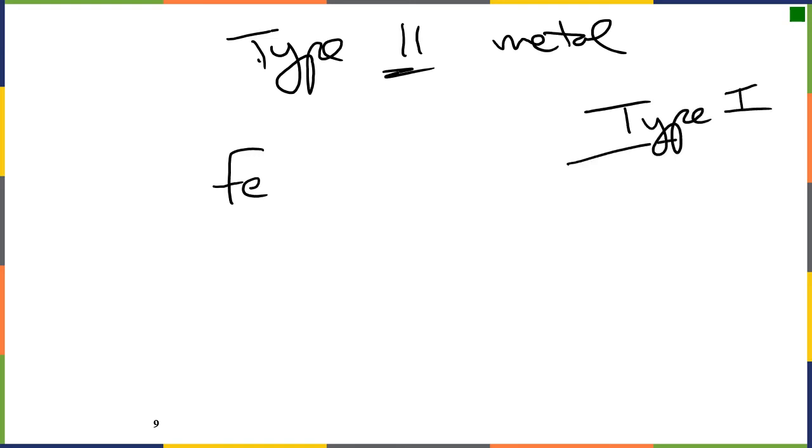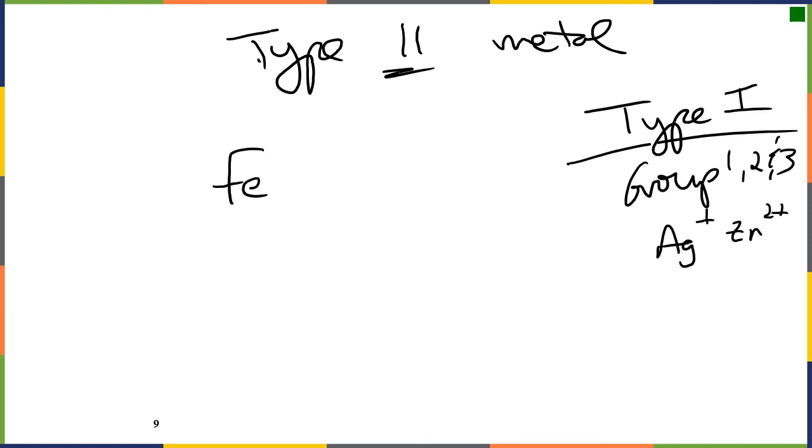Our type 1 metals are going to be groups 1, 2, and 3, silver, zinc, and cadmium. Everything else we're going to assume is type 2. It's not 100% perfect, but it's a pretty good start. Iron is one of the type 2 metals. The most common charges on iron are Fe2 plus and Fe3 plus.